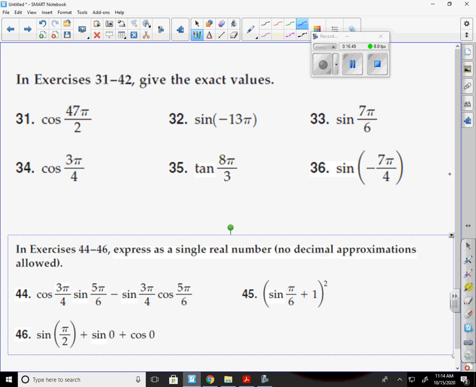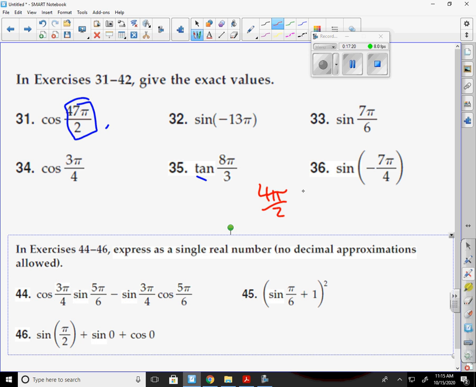Exercises 31 through 42 give the exact values. First, I'm going to need to simplify this because it has gone around and around multiple times. So basically, I need to subtract 2 pi from that because this is positive. In order to get 2 pi in terms of 2 for our denominator, that would be 4 pi over 2.